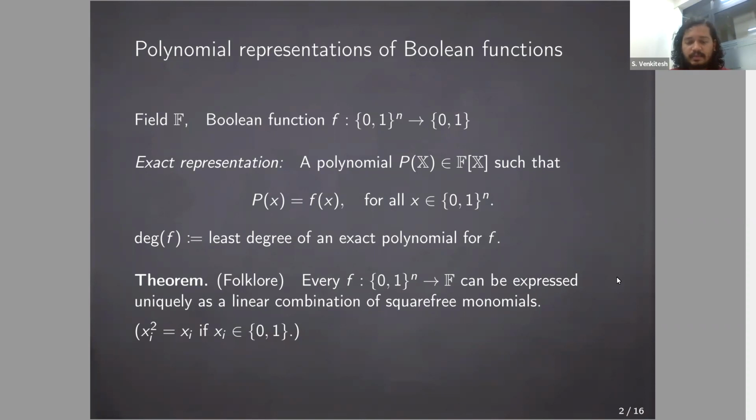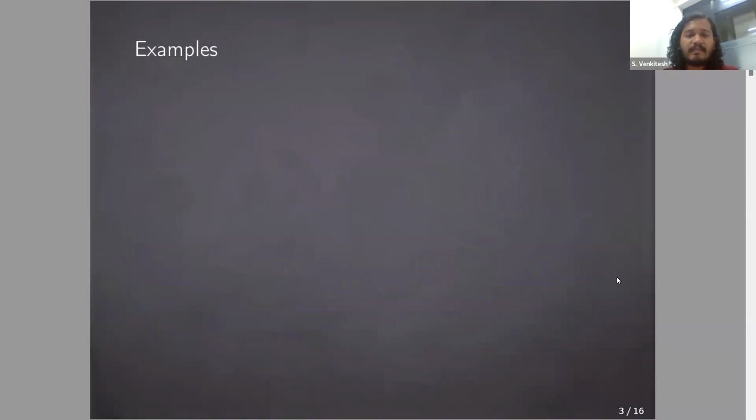So you can always reduce the monomials modulo this relation in any representation that you start out with, and end with a canonical expression, which is a combination of just square-free monomials. And the degree of this linear combination will be equal to the designated degree of the function, the least possible degree. All right, so that's a very simple, straightforward way to represent Boolean functions using polynomials.